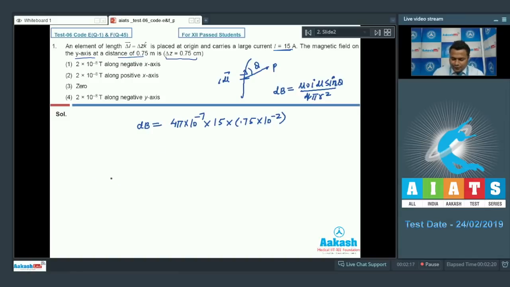Here, if you draw a rough diagram in order to discuss the situation, the element is toward z-axis. You can get it from this vector delta L equals delta z k cap, and you have to calculate the magnetic field on y-axis at any point P, which is located at a distance 0.75 meter.